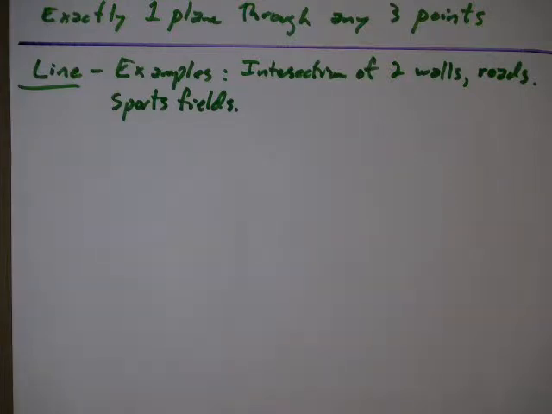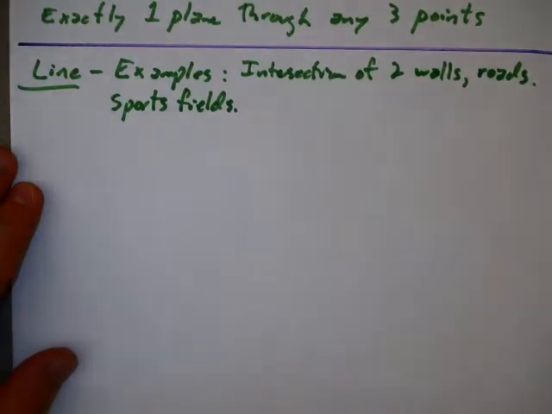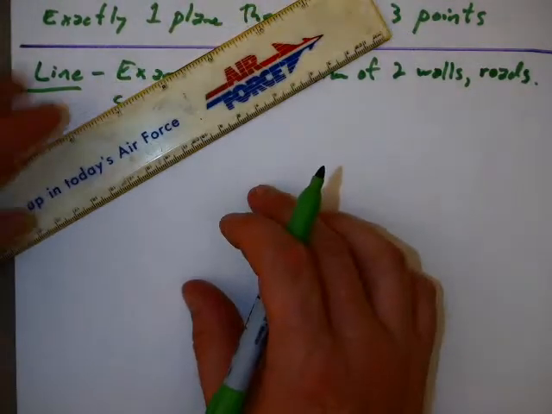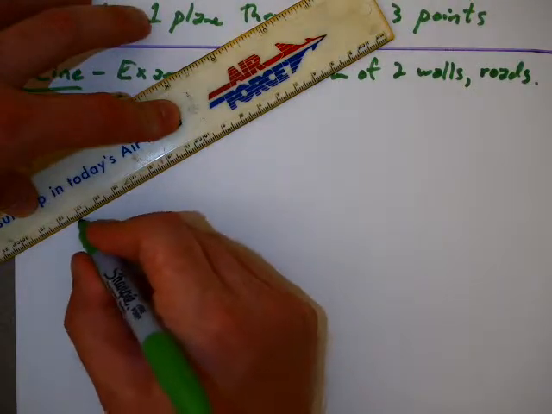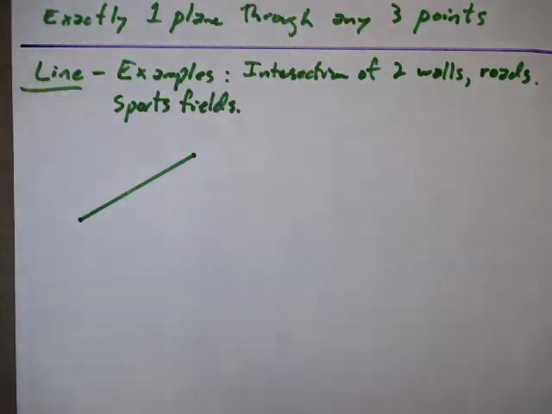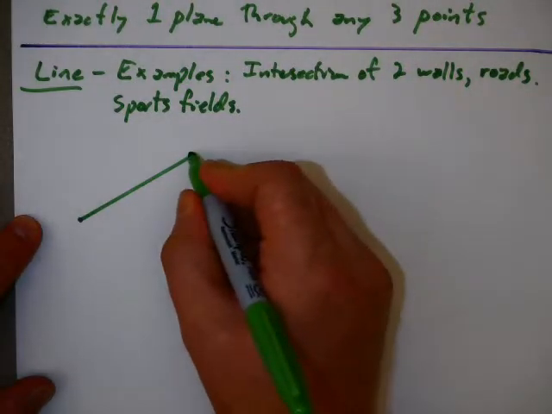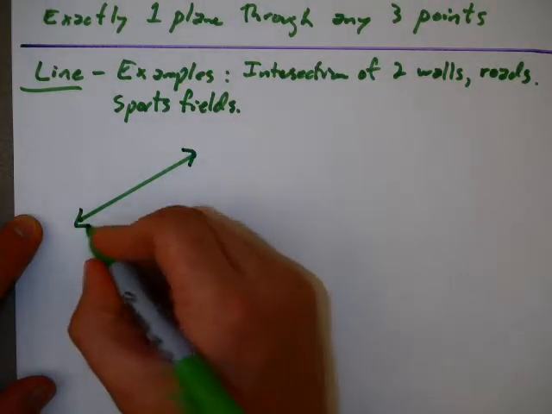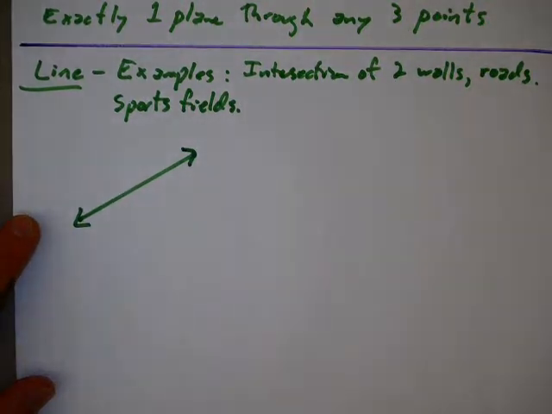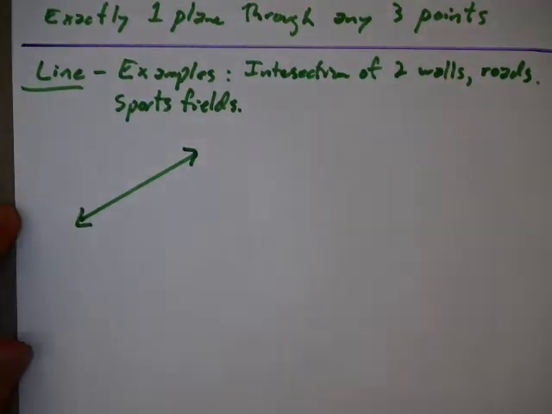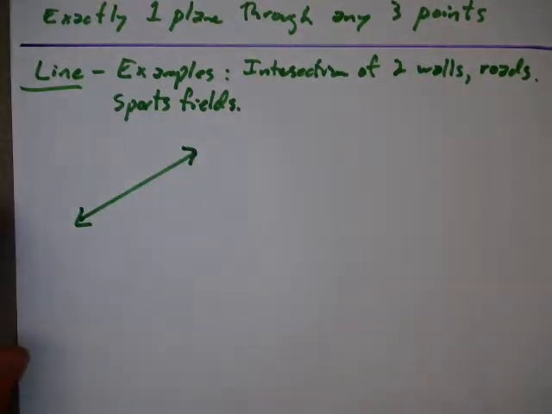So let's draw a picture of what a line would look like. A line is basically what you would think of. It is a straight line, and we indicate that it goes on indefinitely by these arrows. So you know that it's a line.